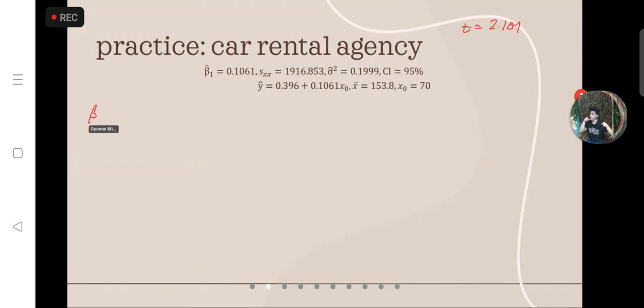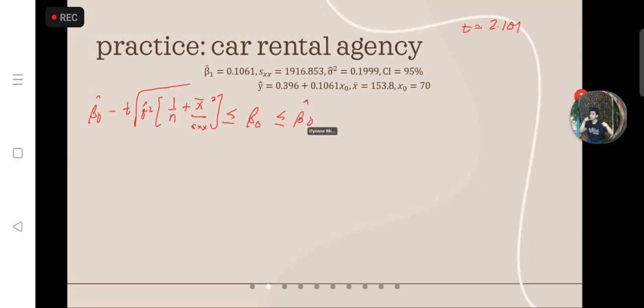So the intercept is b hat 0 minus t times the square root of estimator of variance times 1 over n plus x bar squared over sxx less than equal to b0 less than equal to b hat 0 plus t square root of estimator of variance times 1 over n plus x bar squared over sxx.